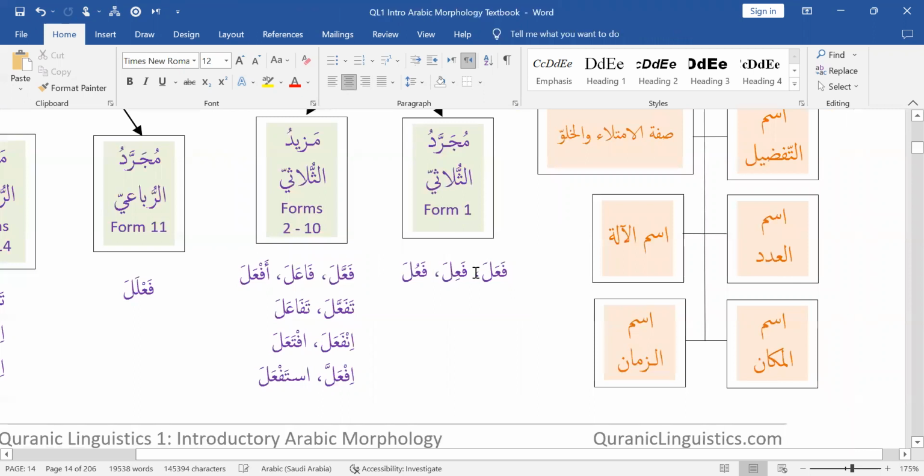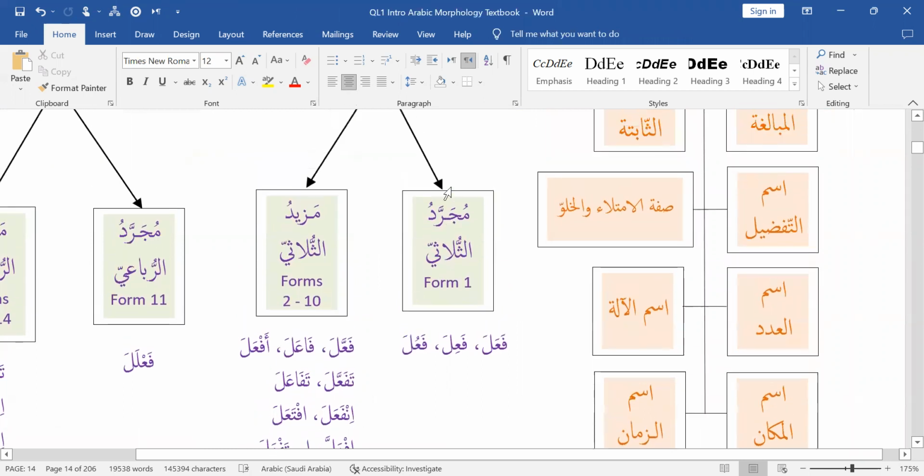In the advanced course, we will dive deep into the semantics and i'lal and idgham and ibdal and all those other fun stuff in book 3, inshallah, of Quranic Linguistics. This book will focus primarily on this branch right here, Mujarrad al-Thulathi, form 1.